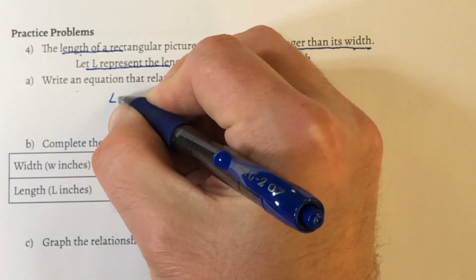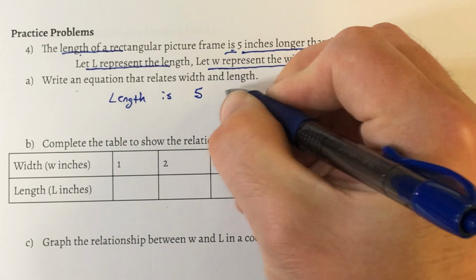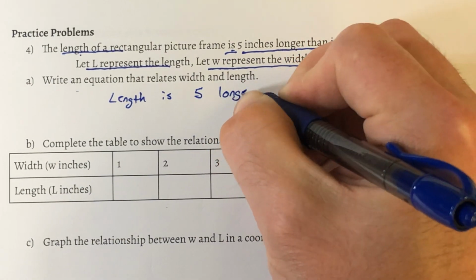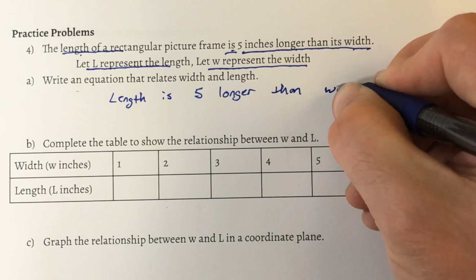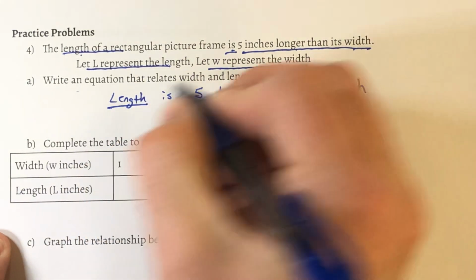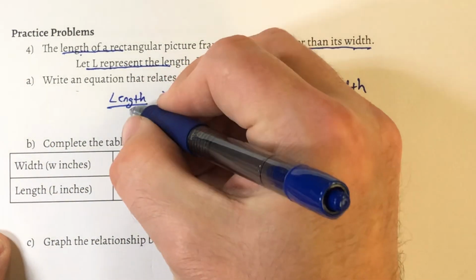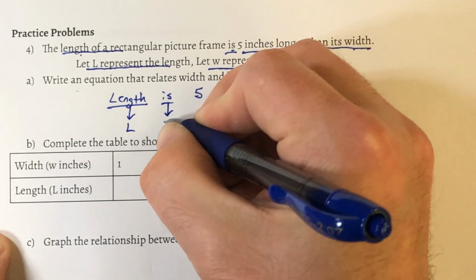So the length is 5 longer than the width. We're going to slowly translate that into letters, numbers, and symbols. Length said, let capital L be the length. The word is going to be our equal sign.